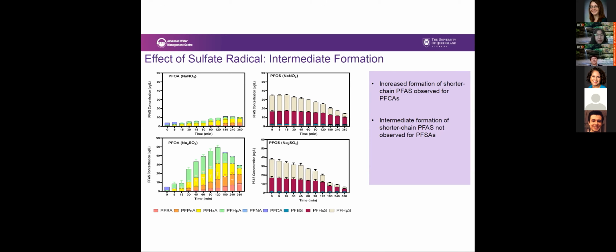However, for the PFSAs, for example here for the PFAS, we did not really observe any production of short chain PFAS, either for the sodium nitrate and the sodium sulfate electrolytes.